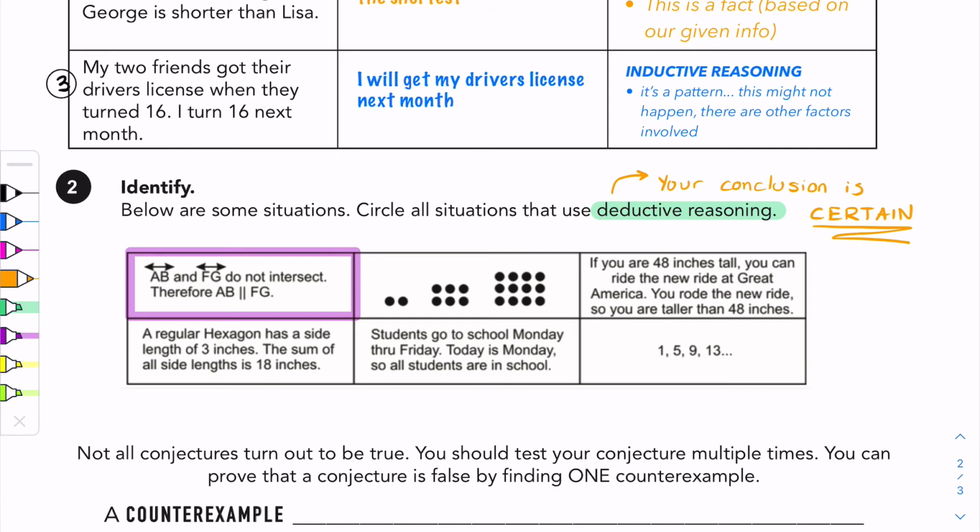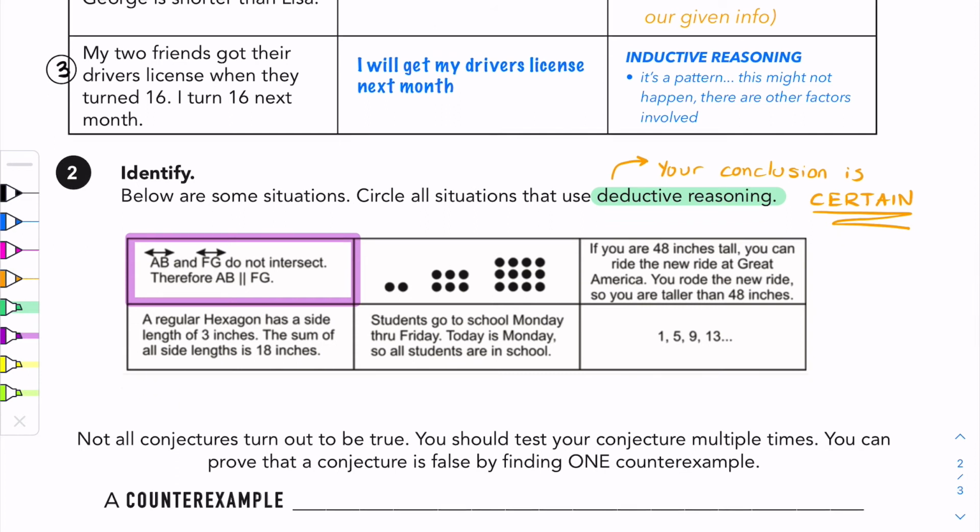So you could have a line drawn any way on the ceiling, and you could have a line drawn any which direction on the floor, but those two lines will never meet. So they're not necessarily parallel, they're skew lines. This one is not considered deductive reasoning because our conclusion is not true. So I'm not going to leave that one circled.